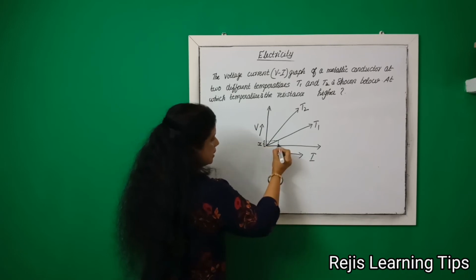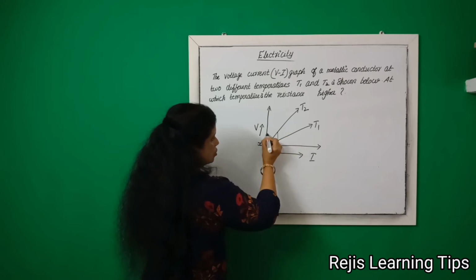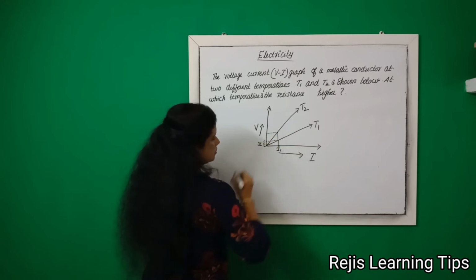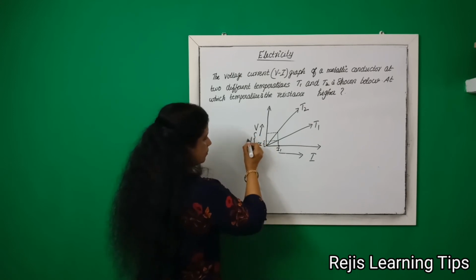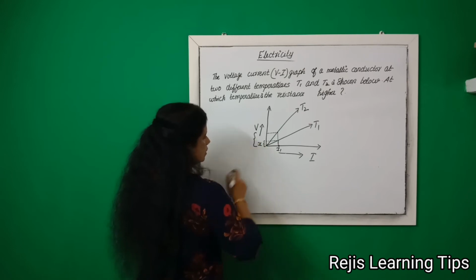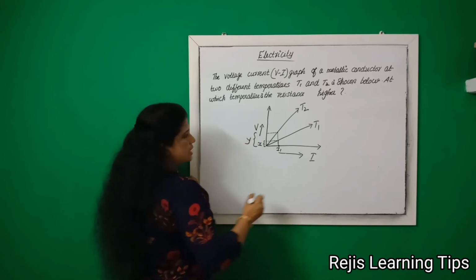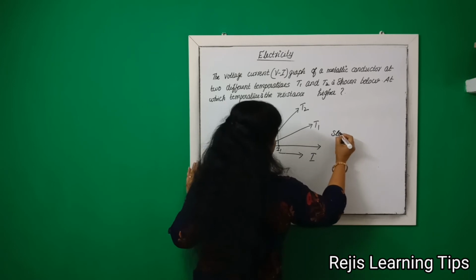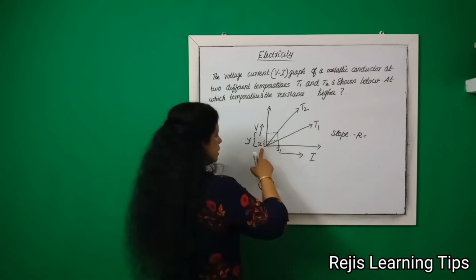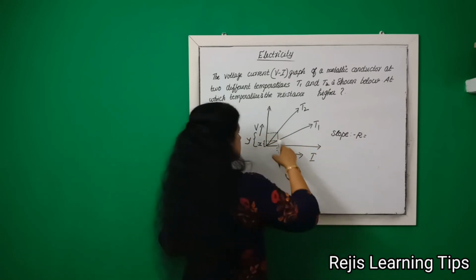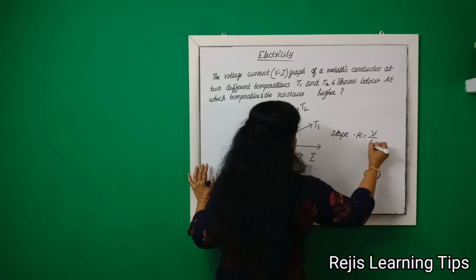Then for the current that remains the same, you draw one line parallel to the y-axis and it intersects the line T2, and then you draw another line parallel to the x-axis and that distance is y. So we know that slope means resistance here, so at temperature T2 the resistance is equal to y divided by I1.